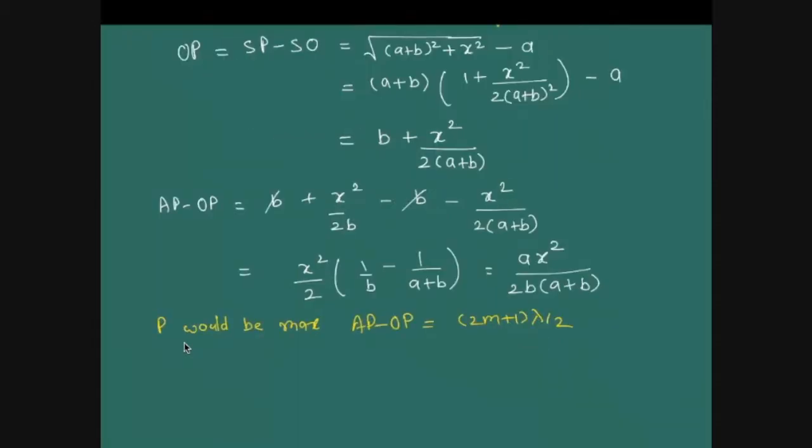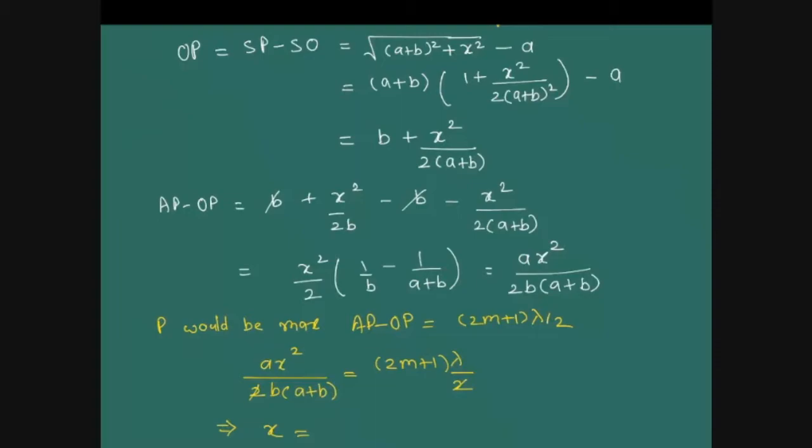If I equate, I will get AX square upon 2B A plus B equals 2M plus 1 lambda by 2. 2 will be cancelled out, and our aim is to bring this answer in the form of x, which is distance from the center of the screen. So write it in the form of x.